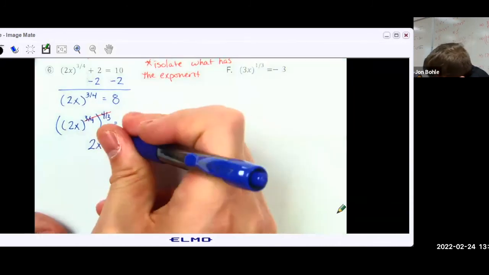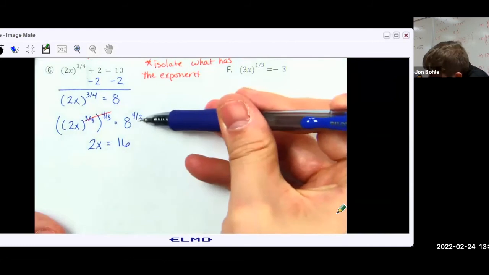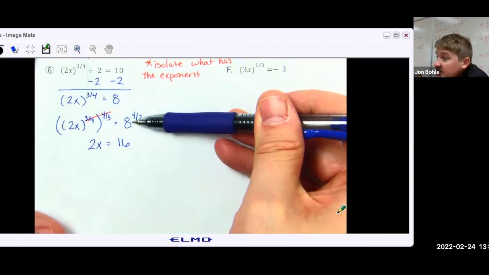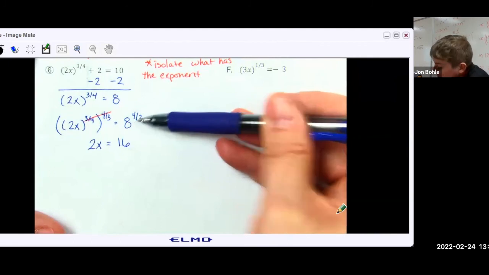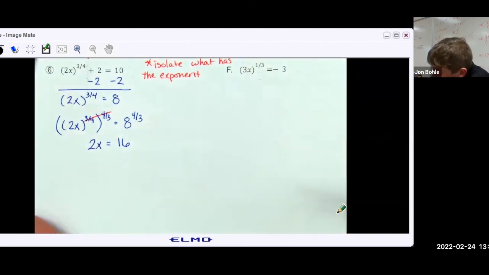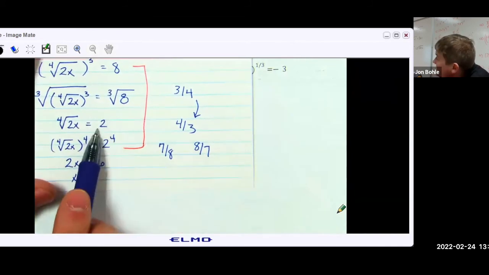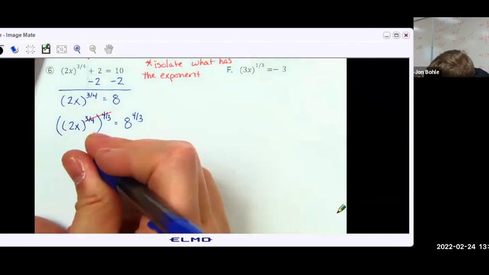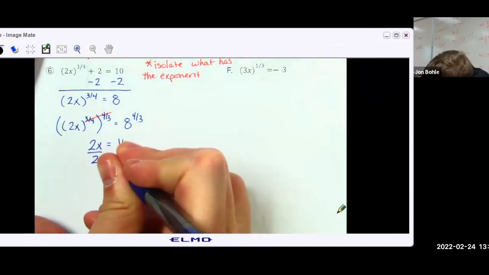Or if you really wanted to, you can take the cube root of 8, which is 2, and then take 2 to the 4th power, which is 16. We actually did exactly that, right? We took the cube root of 8 to get to 2, and then we took 2 to the 4th power to get 16. And then I solve by dividing by 2.